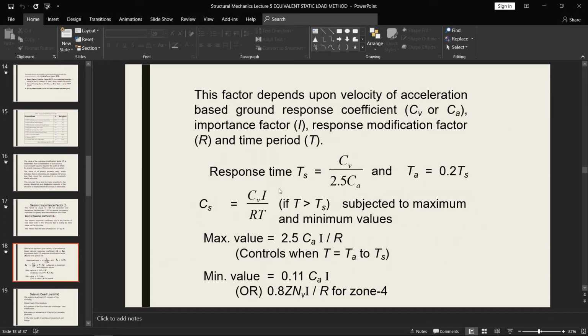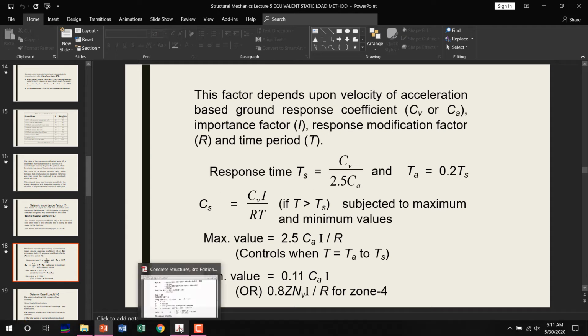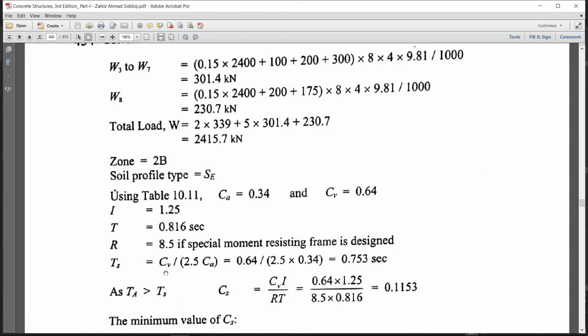Here for response time, TS is CV over 2.5 CA, and TA is 0.2 times TS. So TS is 0.64 over 0.34 multiplied by 2.5, the value is 0.753 second, and 0.2 times TS is TA.